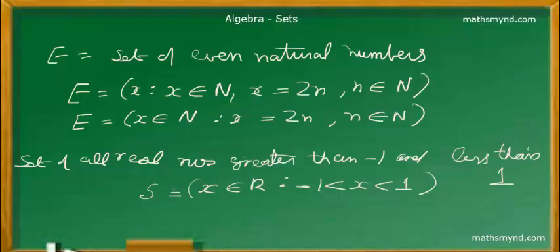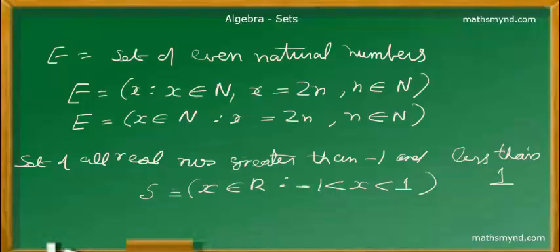In fact, you can write it in a shorter form, that is, x is an element of natural numbers such that x is equal to 2n, where n is an element of capital N, that is the set of natural numbers. Suppose it's stated that you create a set of all real numbers greater than -1 and less than 1.